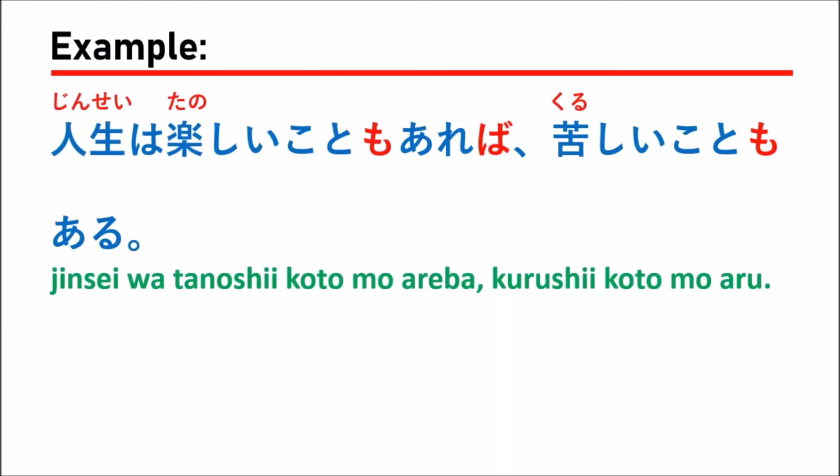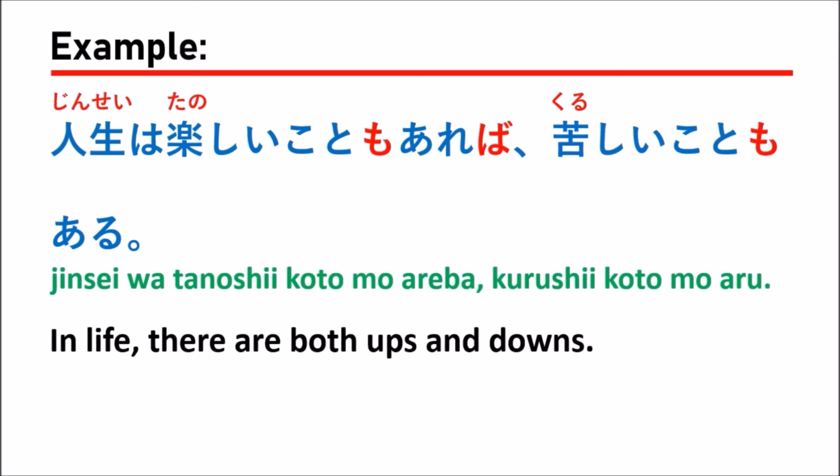The next example, 人生は楽しいこともあれば苦しいこともある。Which means in life there are both ups and downs. In this sentence you see that our first noun is 楽しいこと and the second noun is 苦しいこと.